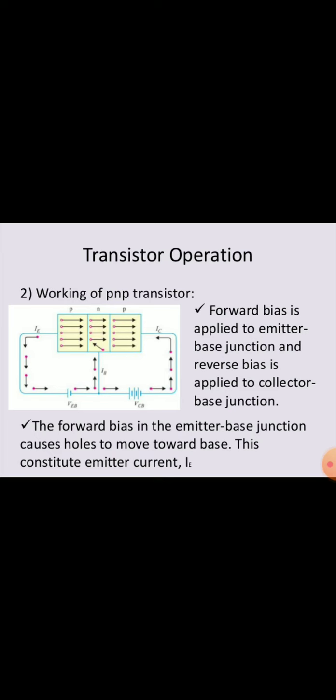As the base is lightly doped and very thin, only a few electrons combine with holes, which gives the base current. All the others go on to the collector region, which is the collector current. So almost the entire emitter current flows into the collector circuit. The emitter current is the sum of the base current and collector current.